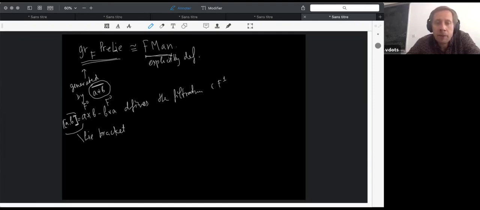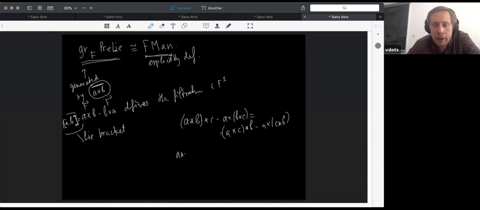And the PreLie product, after you pass to the associated graded, becomes associative because the PreLie identity, saying that (A star B) star C minus A star (B star C) is equal to (A star C) star B minus A star (C star B), can be written as A star (B star C) minus A star (C star B) is equal to A star with the bracket of B with C. So this lives in F1.